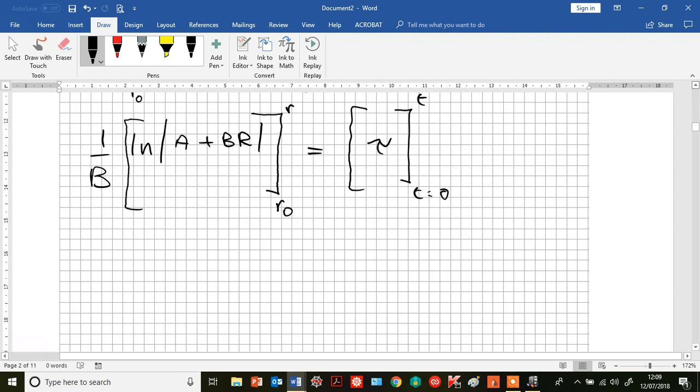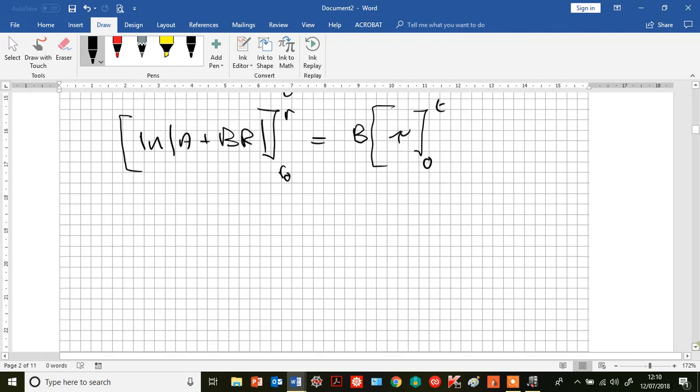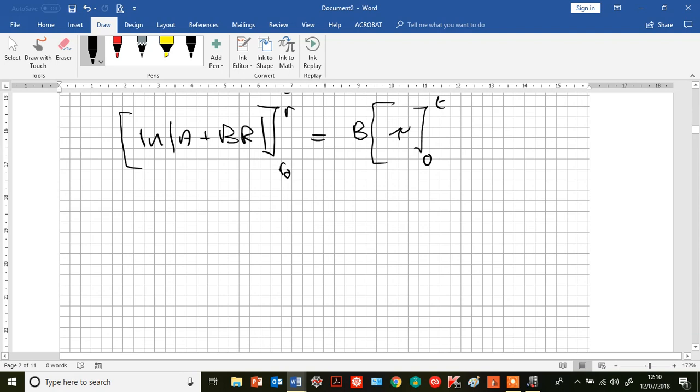I'm just going to multiply both sides by b. So we're left with the log of A plus Br between the limits of r0 and R, and that's equal to b times tau between the limits of 0 and t. It just makes the algebra a little bit easier. I'm sorry if my writing's a little bit scrawly, but anyway, let's crack on with the integral.